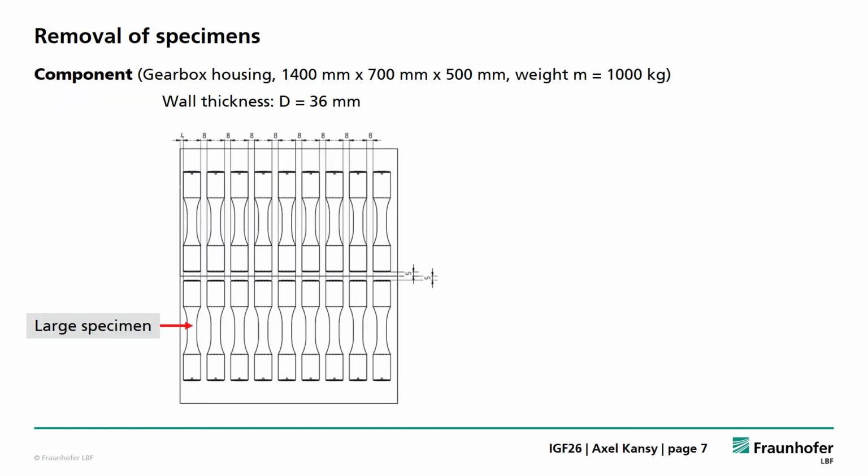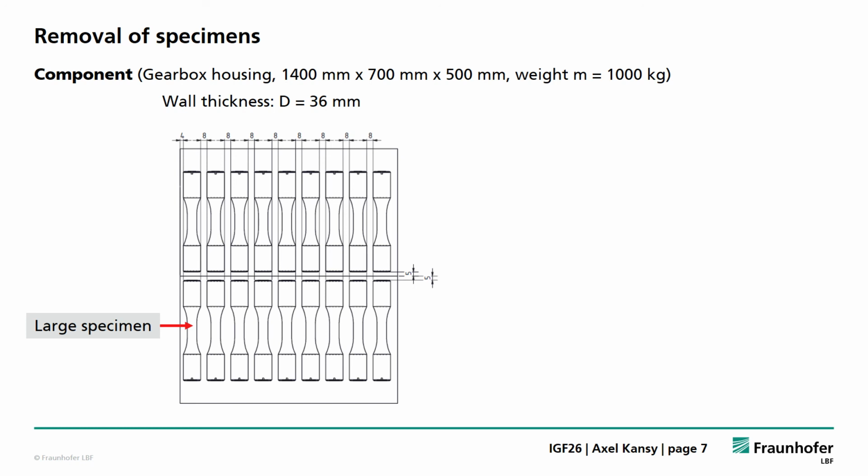The component we used for the investigation was a gearbox housing. Unfortunately, I'm not allowed to show you a picture of this component, but to get an impression of its size, the dimensions of the component are shown here, and the weight of the component was about 1,000 kilograms. For the removal of the specimens, we identified suitable areas with a constant wall thickness.